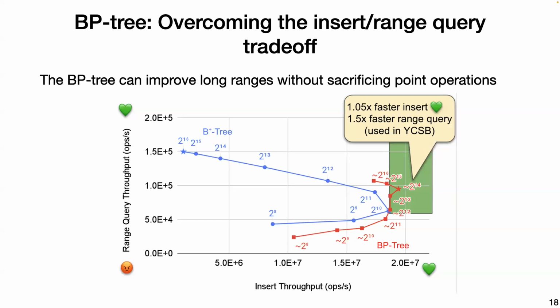Some of the configurations are up here in the range that we want to be in. It turns out that the best one was about 2 to the 14 size, which is way bigger than 2 to the 10. The insert is very similar speed compared to the best case point insert for B trees, whereas the range query is about 1.5 times better. And the way that you do this is exactly not by switching it out for a linked list, but by switching it out for something else.